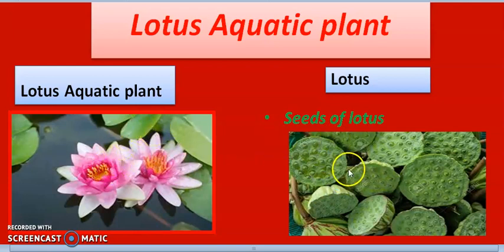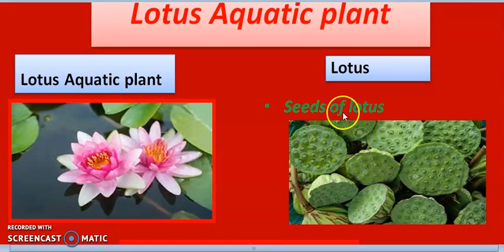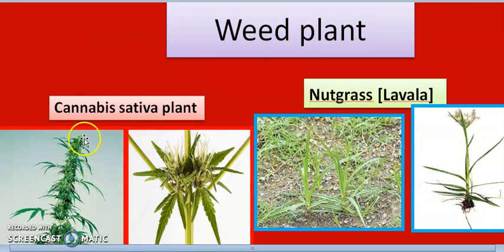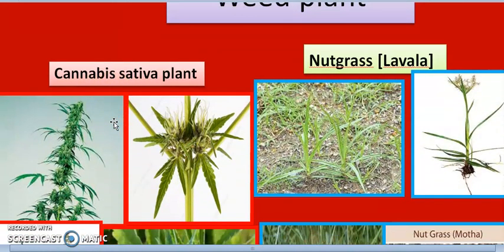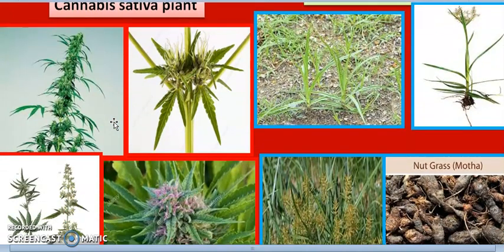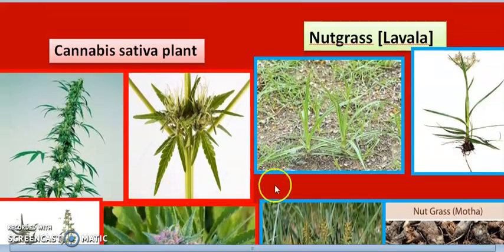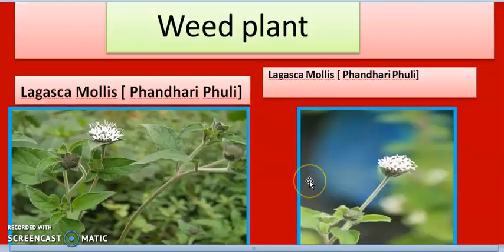In the second image we see the seeds of lotus. Then we see the next weed plant, Cannabis sativa. This plant we see in our field throughout the year. Then here we see the nutgrass, known as lavala.